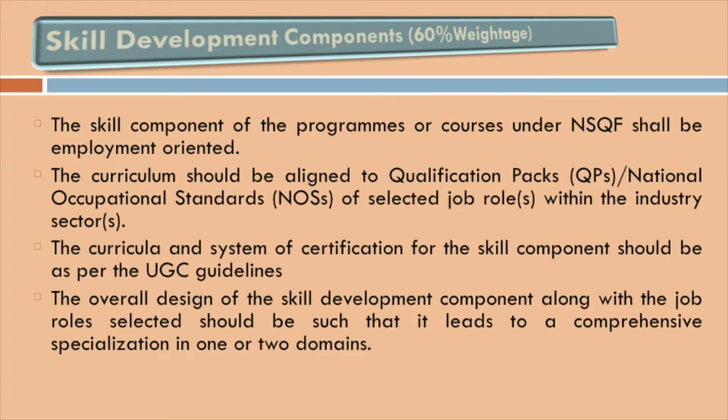Now, the curricula and the system of certification for the skill components should be as per the UGC guidelines for curriculum aspects, assessment criteria and credit system for skill-based vocational courses, or as per the provisions of the MHRD skill assessment matrix for vocational assessment of youth, which is basically the procedure.